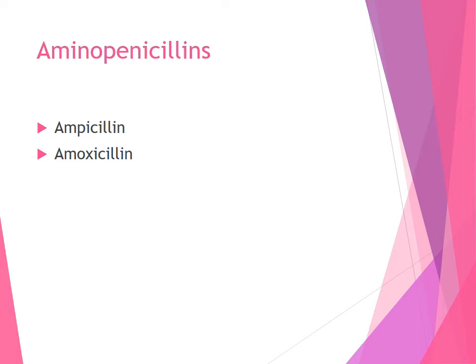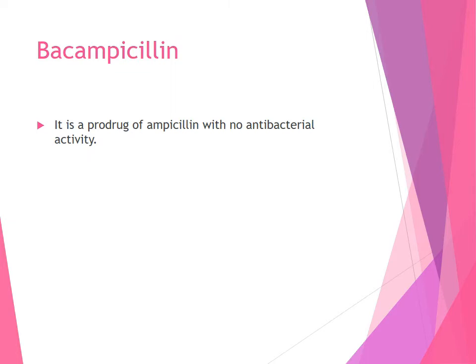Examples are ampicillin and amoxicillin. Next, we have pivampicillin, a prodrug of ampicillin with no antibacterial activity. Aside from that, hetacillin and cyclacillin are also prodrugs of ampicillin.